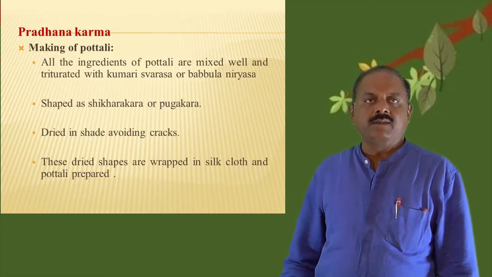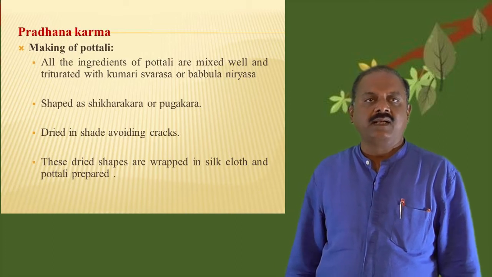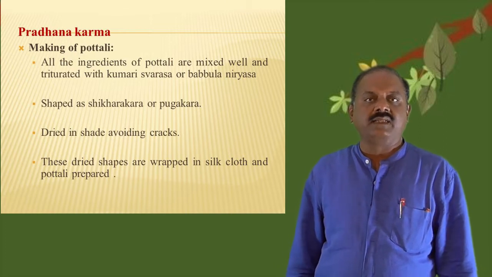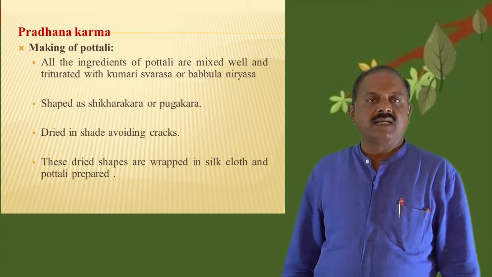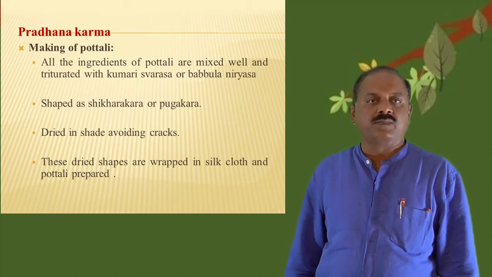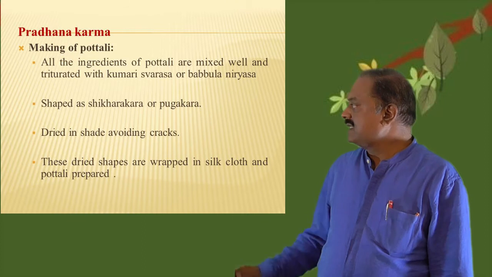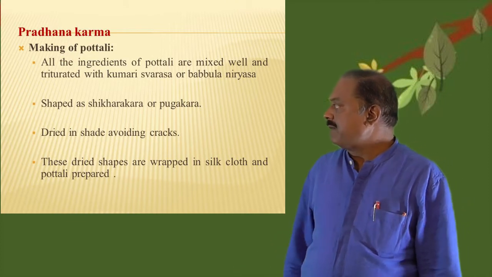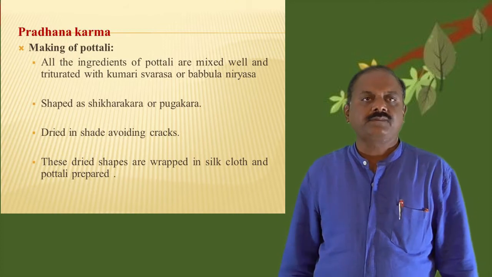In Pradhana Karma, making of the Pottali, all the ingredients are mixed well and triturated with Kumari Sarasa and Babula Nirasa, shaped as Shikharakara or Pogakara, and then dried in shade, avoiding cracks. These dried shapes are wrapped in silk cloth, and the Pottali is prepared.